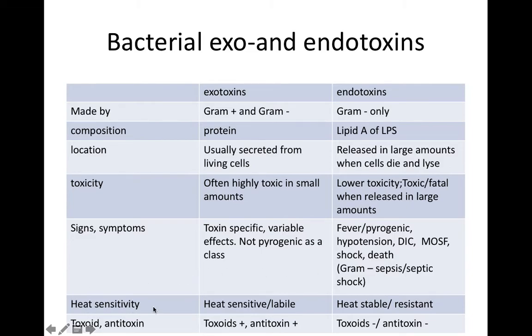With regard to heat sensitivity, since the exotoxins are proteins, they can be denatured by heat, so we'd say they're heat sensitive or labile. The one exception, you guys, is that doggone Staphylococcus aureus can make an exotoxin called enterotoxin that its target is the intestinal cells, and it is relatively heat stable.